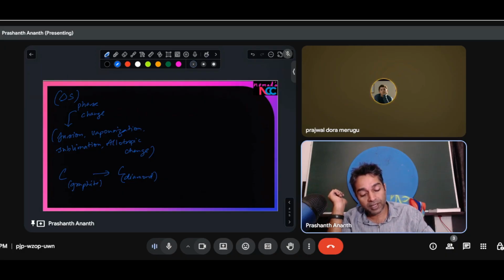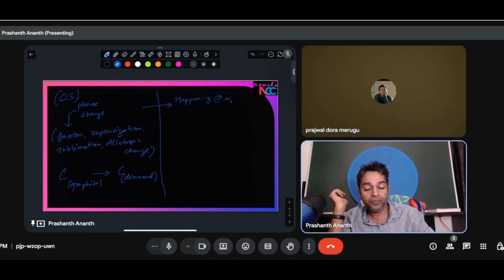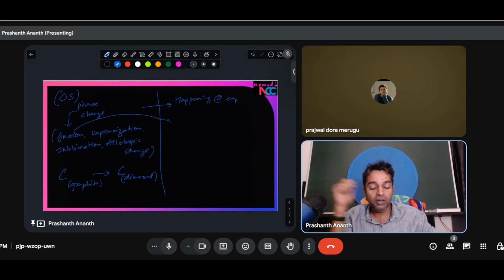So one of the advantages is that each of these things happens at equilibrium. In the sense, the phase change itself is a reversible phase change. So for instance, if I'm looking at fusion, we can talk about it as solid melts to become a liquid.